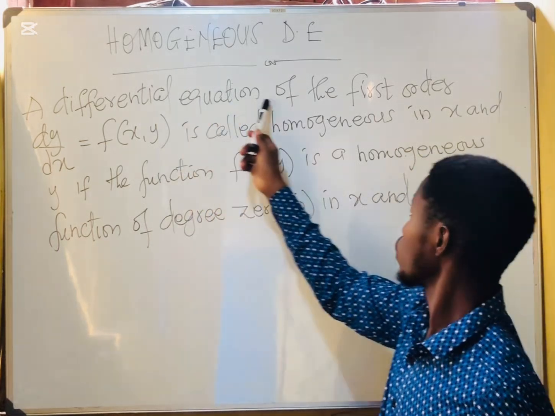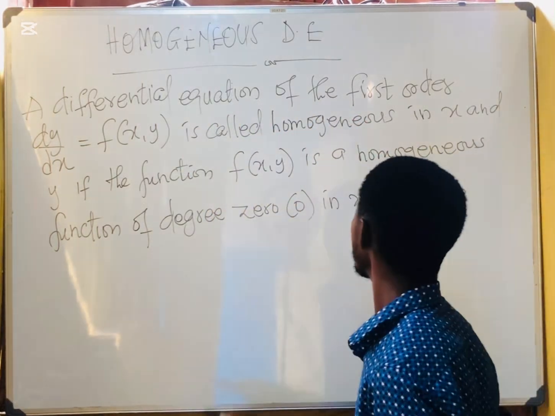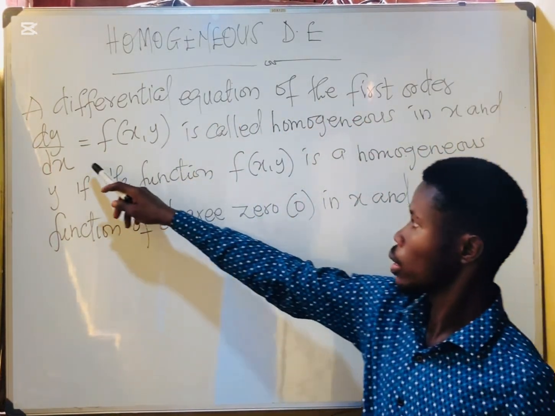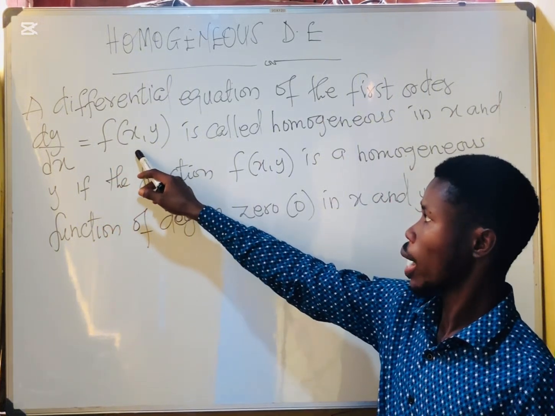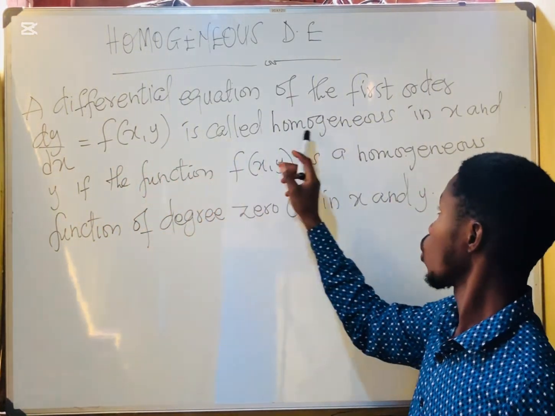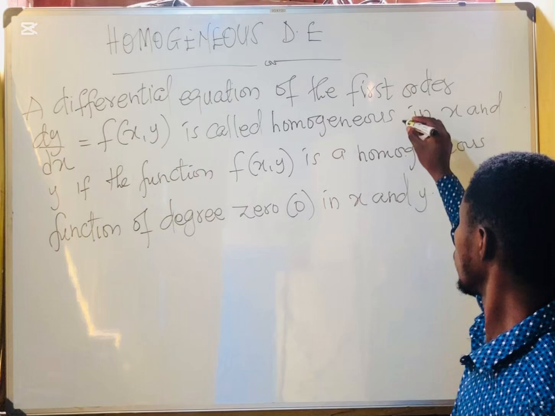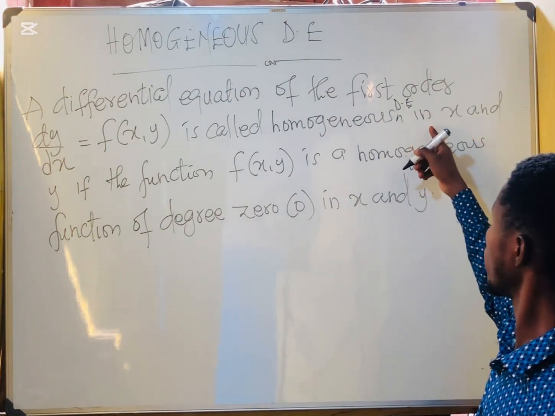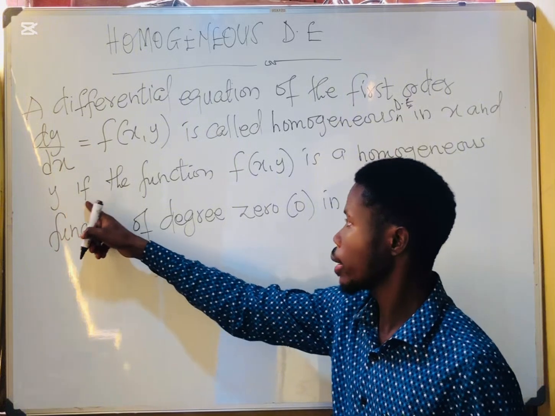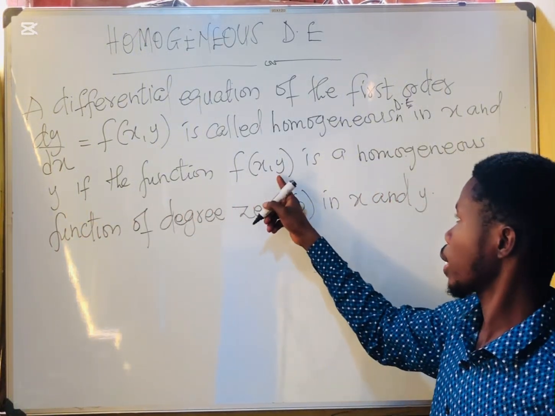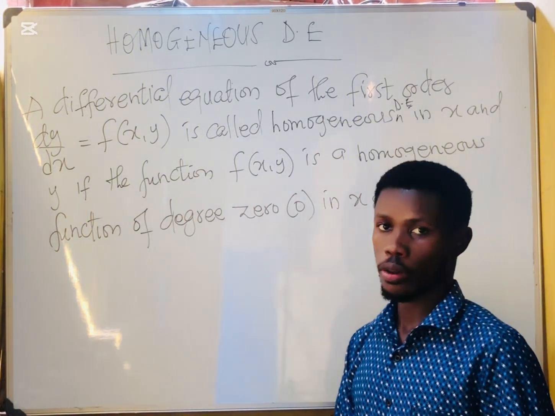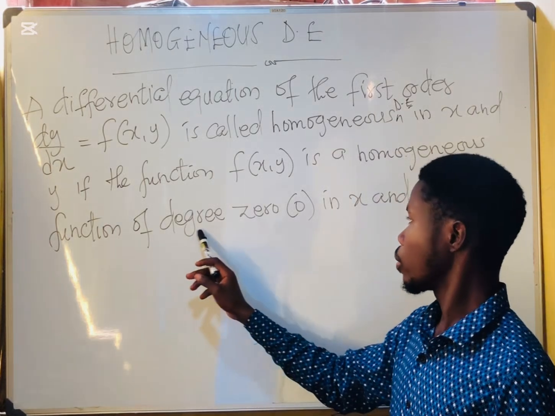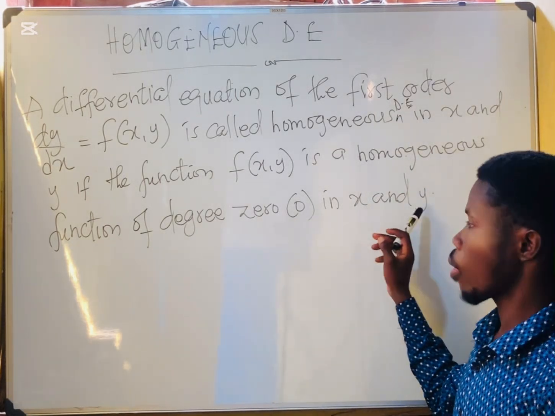A differential equation of the first order, dy/dx equals f(x, y), is called a homogeneous differential equation in x and y if the function f(x, y) is a homogeneous function of degree 0 in x and y.